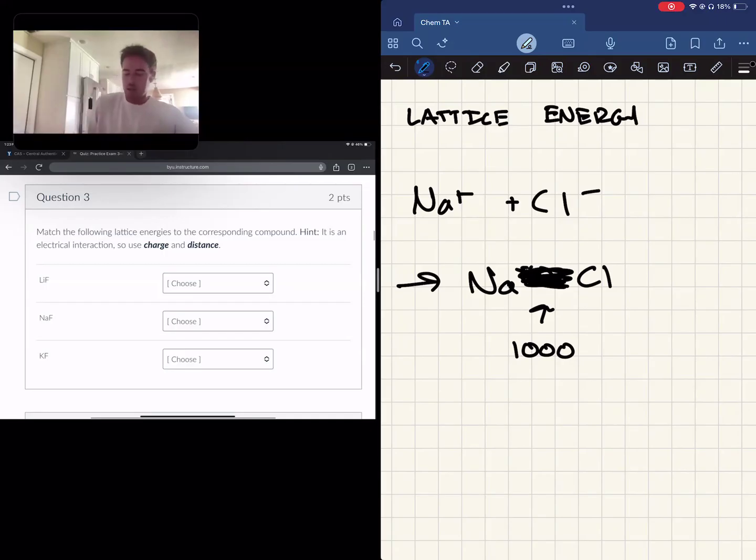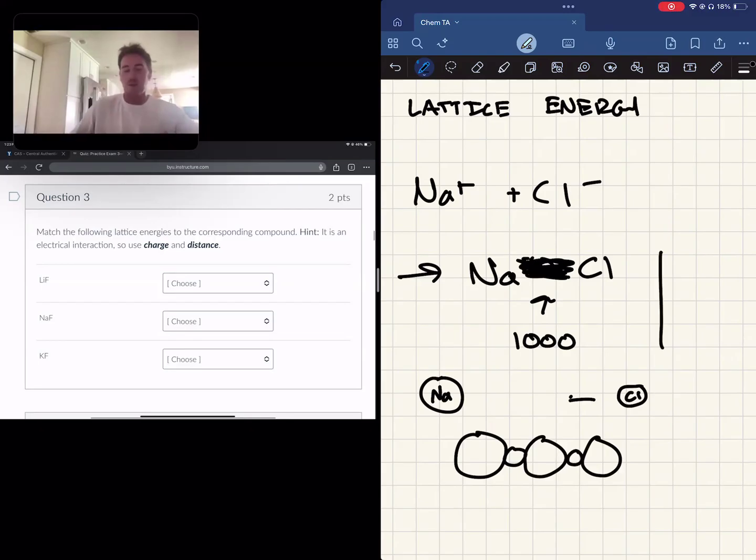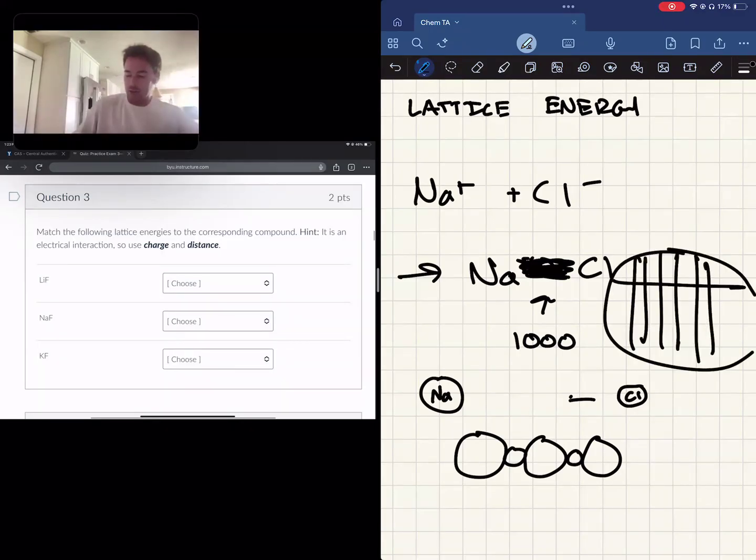And then what's going to happen is here's sodium, here's chloride, a little smaller ball. They bond together like this and form this lattice structure. Lattice, like the lattice top on a pie, where you have the ones that go up, the ones that go down. That's a lattice design.